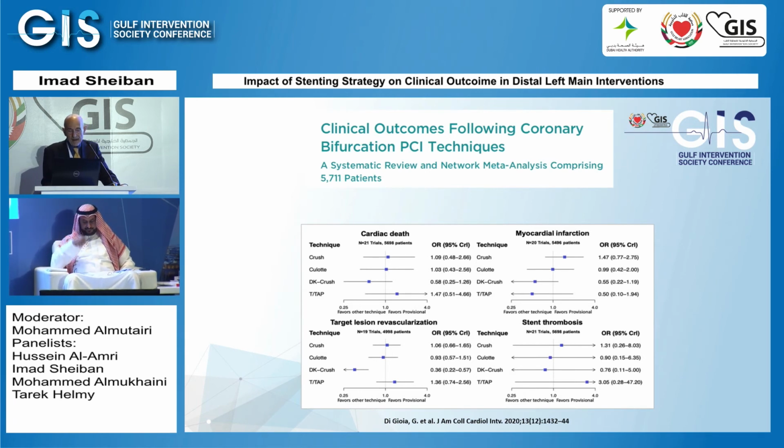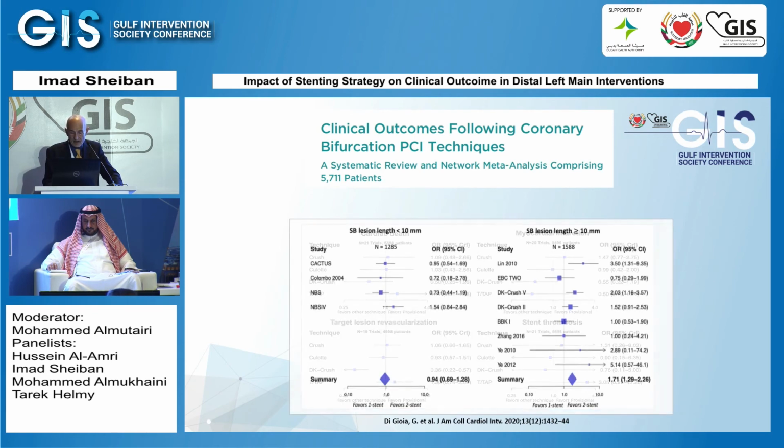Yeah. And again, you can see here that regarding death, DK crush is doing better. Myocardial infarction is doing good with DK crush, better than even provisional stenting. But if we look at stent thrombosis, then TAP is the worst technique to use, as well as crush or mini crush.